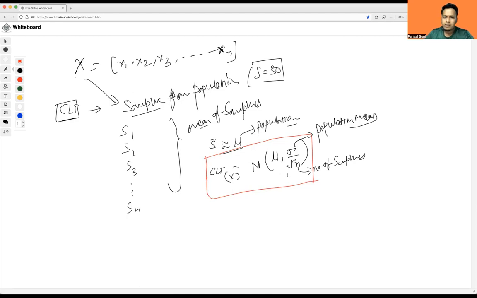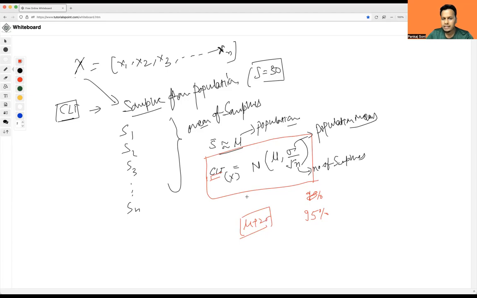So how do we find the confidence interval for this kind of data where we know the central limit theorem? Let's say from sample data taken from the population, how can we say there is a 95% probability, a 95% chance, of getting a mean between mu plus minus 2 sigma? This we have seen in the Gaussian normal distribution.